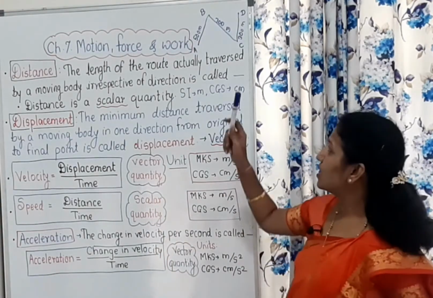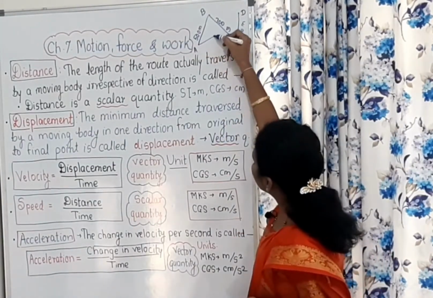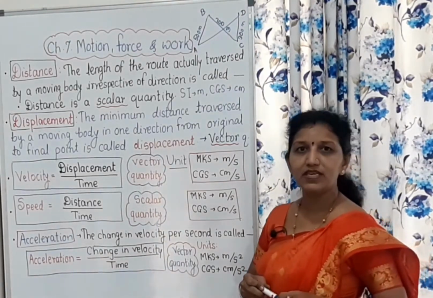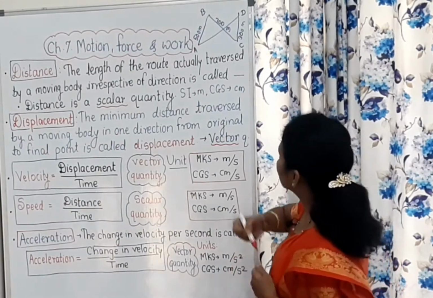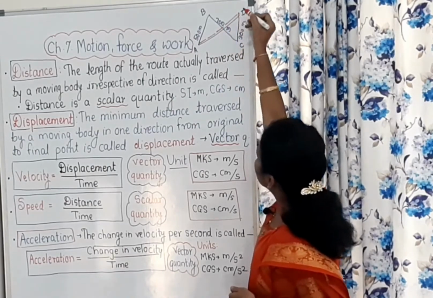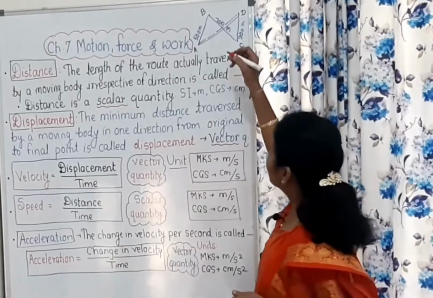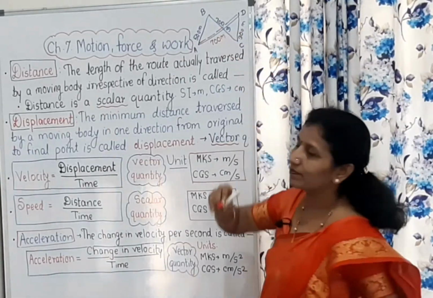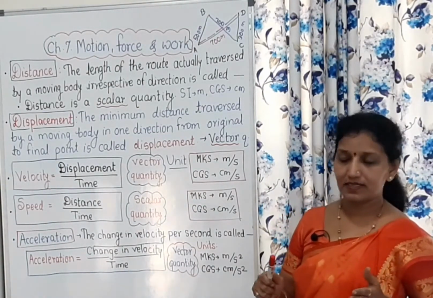Suppose Krishna goes to school directly from point A to point D. At that time he has to travel only 700 meters. This is the minimum distance.